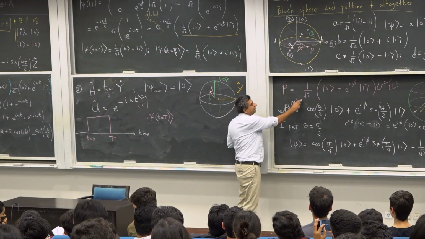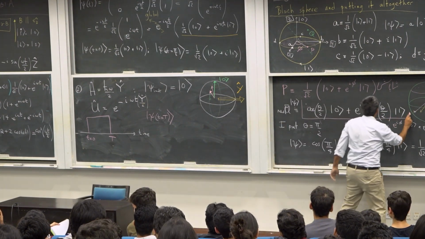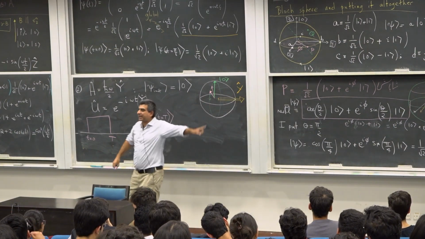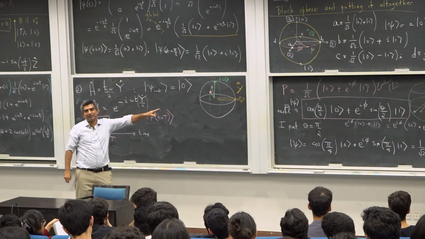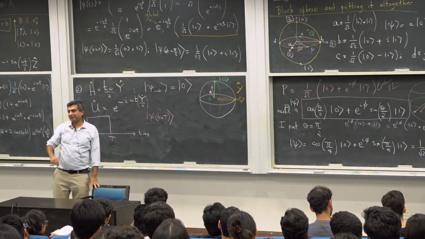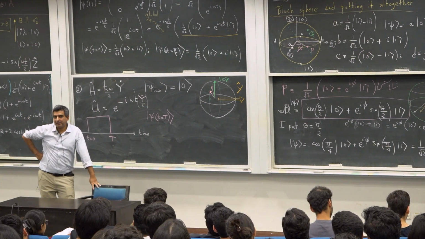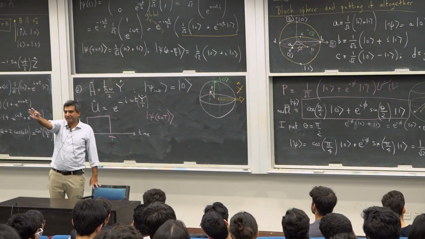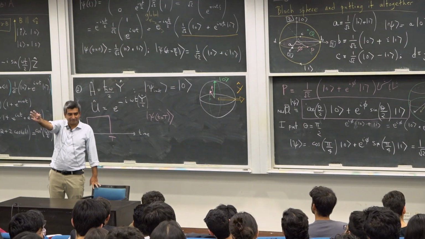This is the general form of a quantum state on the Bloch sphere. Can you use that general form? What's the polar angle of the final state? Omega t is the polar angle of the final state, isn't it?